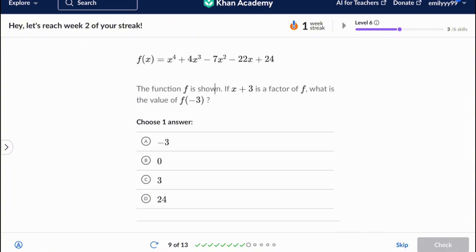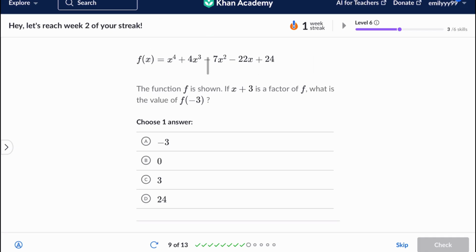The function f is shown. If x plus 3 is a factor of f, what is the value of f of -3? So x plus 3 is a factor of this equation. I don't believe it is important to know that though, because we're just trying to solve the equation when we plug in -3 for x.